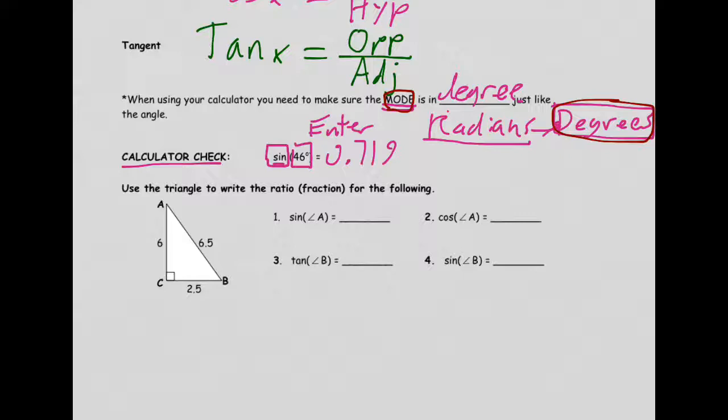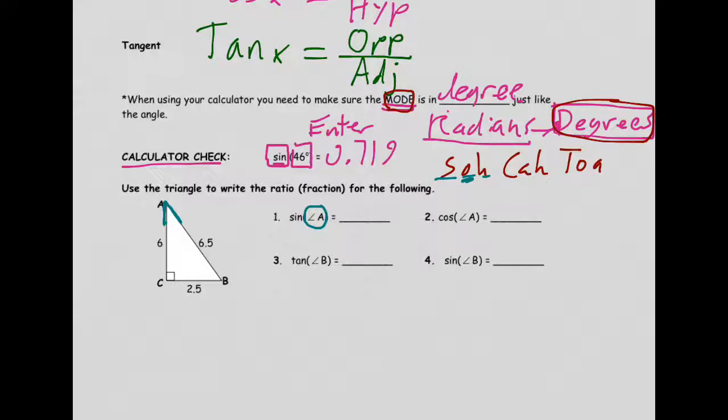We're going to go through this pretty quickly. Remember, we've got SOH CAH TOA, and I'm going to refer back to that. So sine, that's our S, is going to be opposite over hypotenuse. If I'm doing sine of angle A, that's where I start from. So here's my angle A, and sine is opposite.